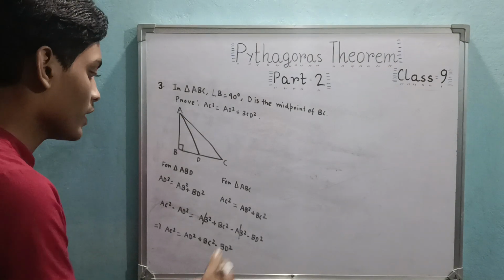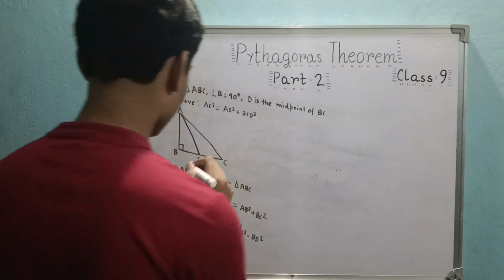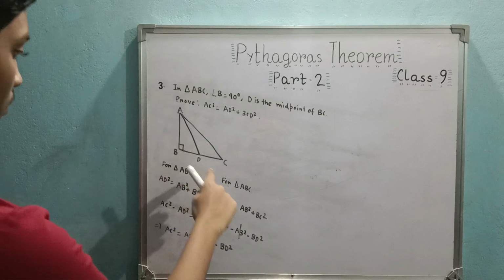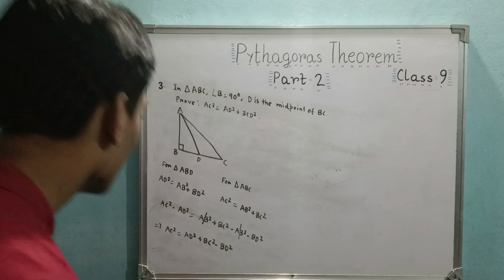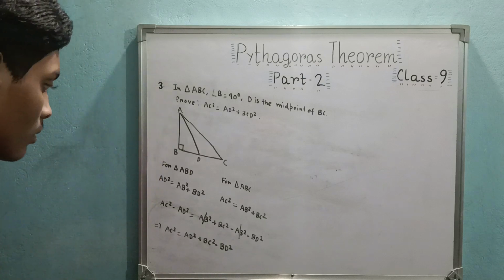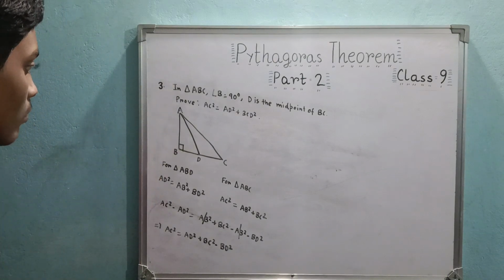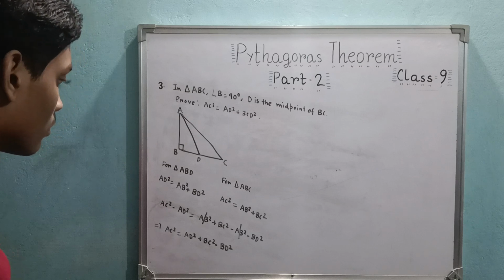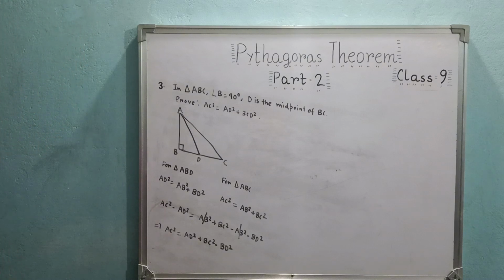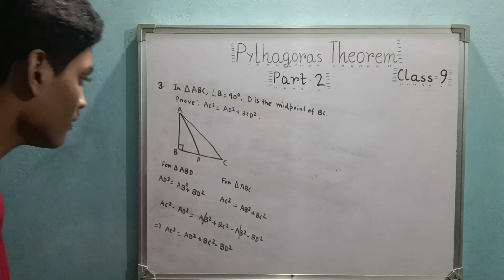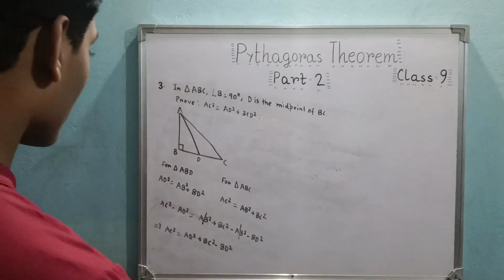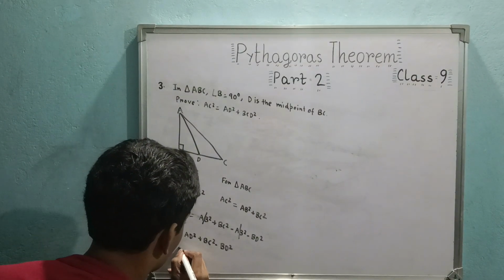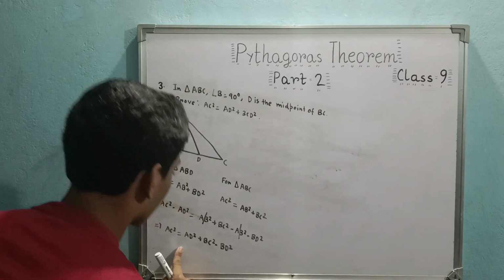Here, what do we have? Okay, BC. We just see one thing. So BD is equal to DC, right? Yes, BD is equal to CD. Okay. Yes, absolutely. This is very good.